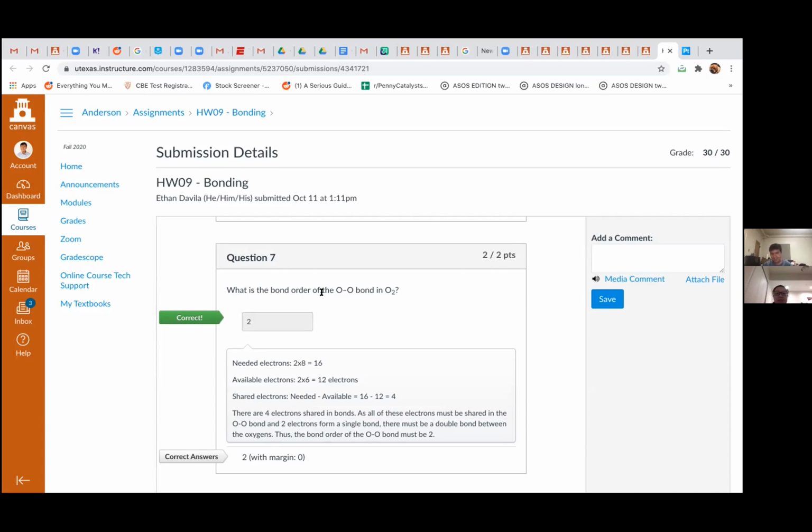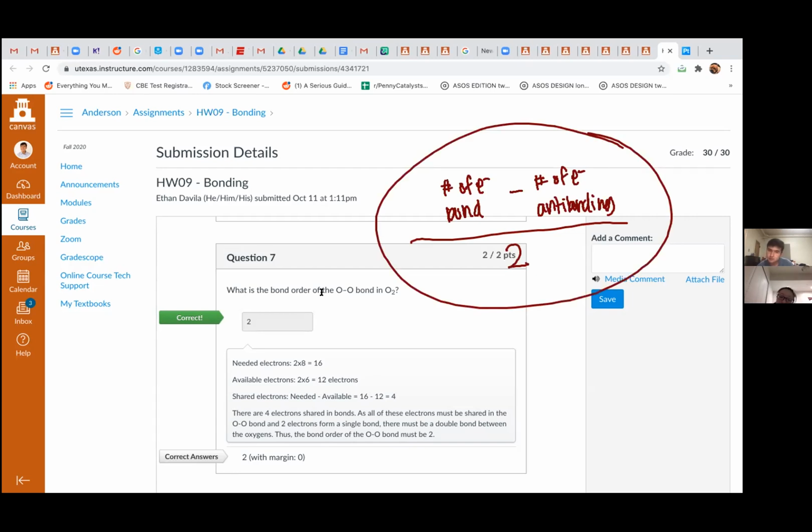Okay, it's number of electrons in bonding minus number of electrons in antibonding, divided by 2. This is the formula, okay?